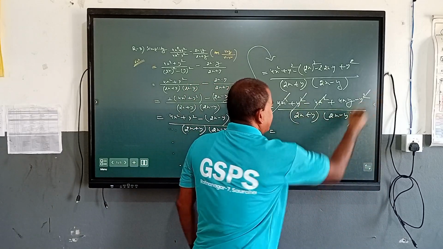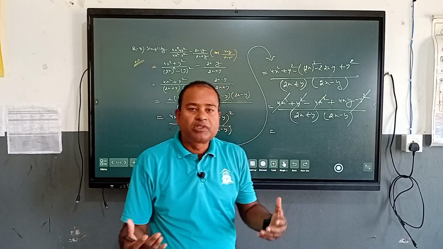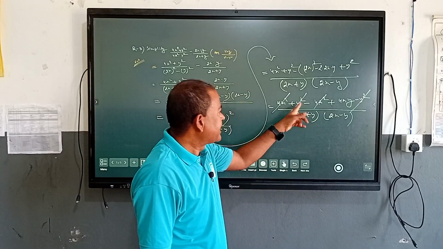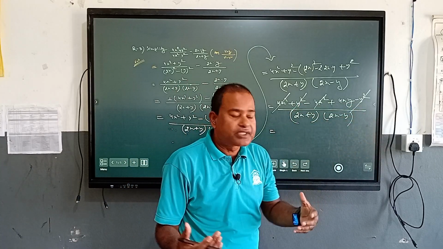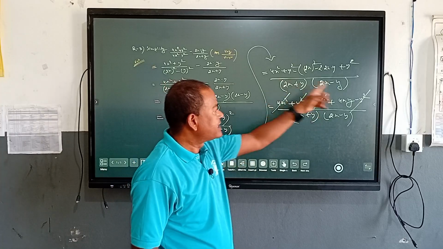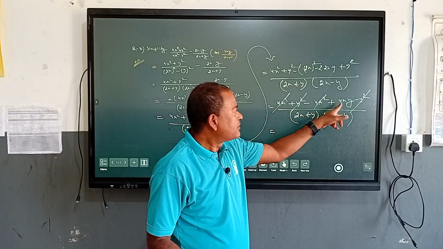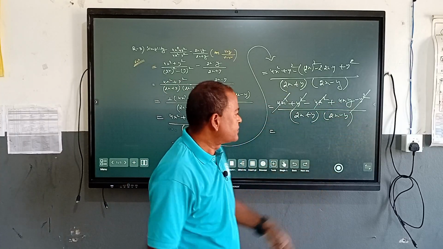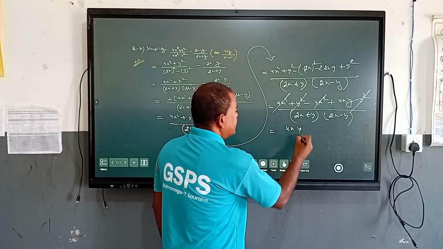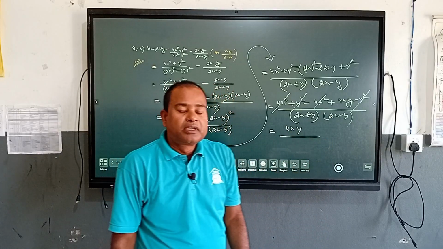Again, plus y square and minus y square, they are equal but opposite in sign, so we can cancel plus y square and minus y square. So dear students, after cancelling, we have got the remaining term 4xy.